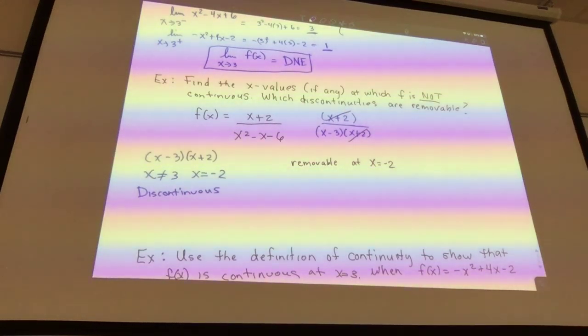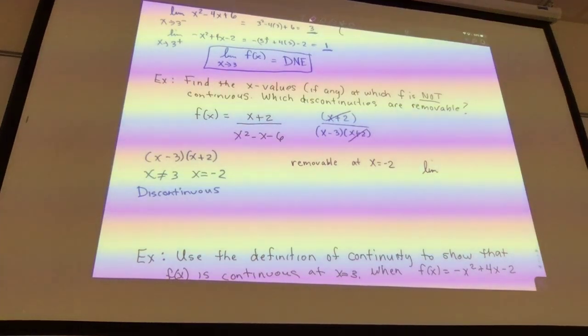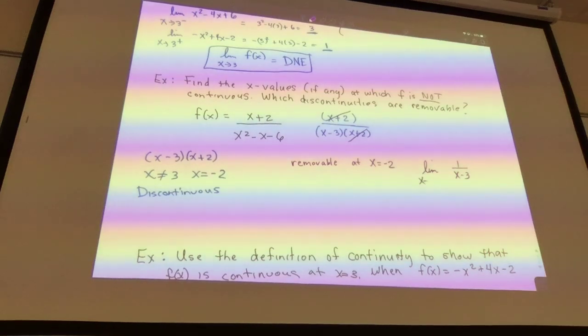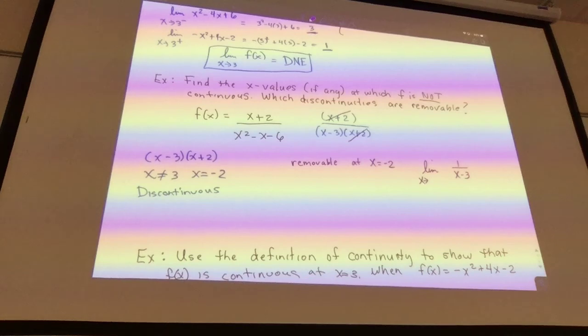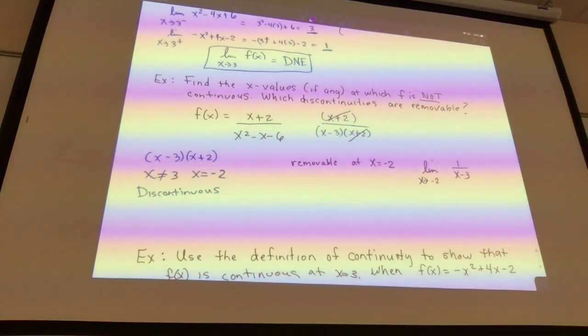So let's evaluate the limit of f of x. So we'll have 1 over x minus 3 as x approaches negative 2, since it's removable at negative 2.